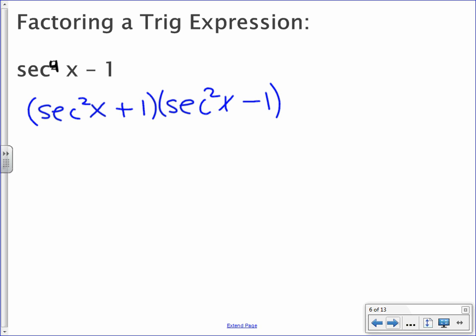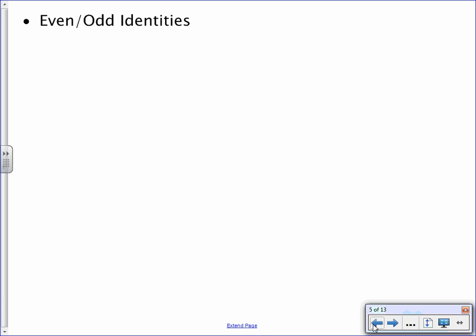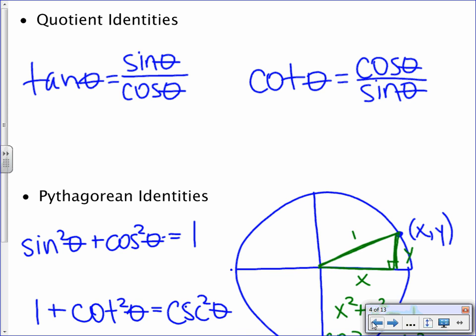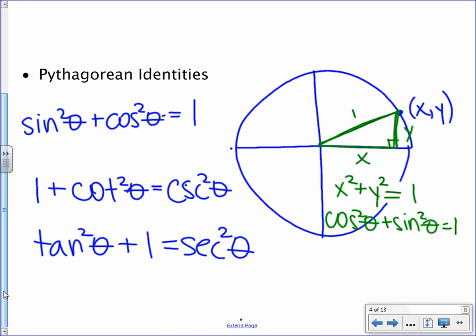Anything look familiar about either one of those? Secant squared minus 1. Okay, so right here, secant squared minus 1 is equal to the tangent squared of theta.